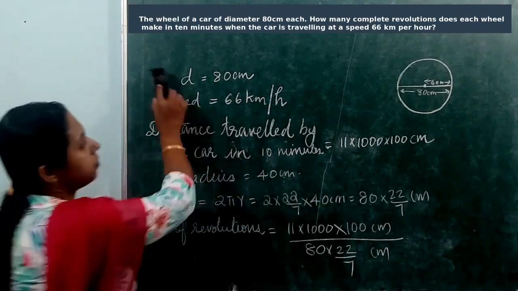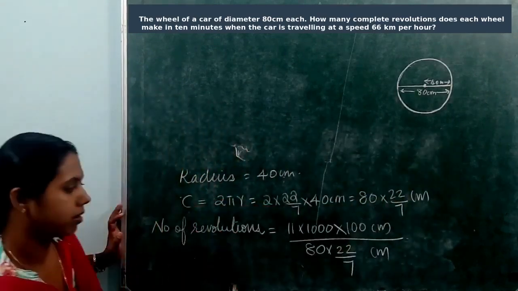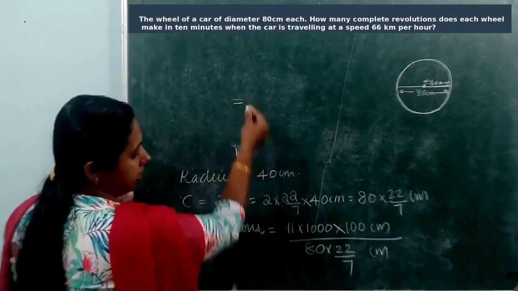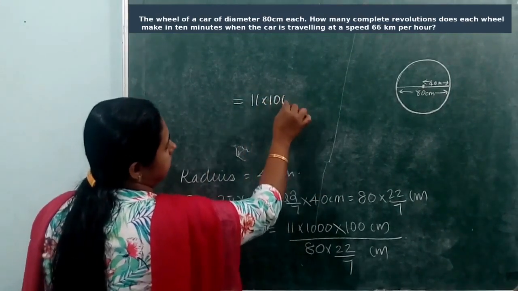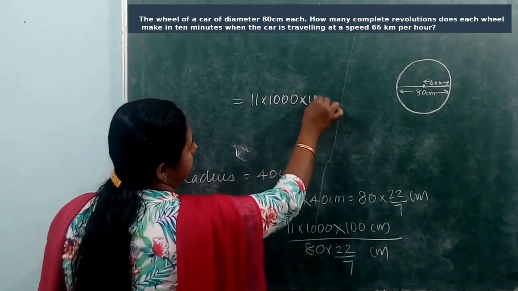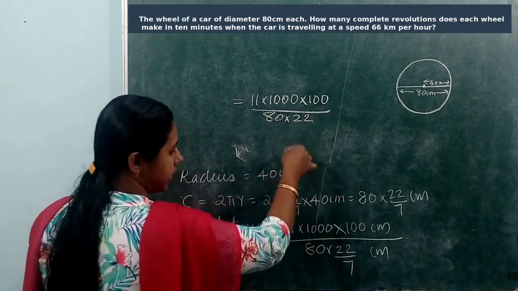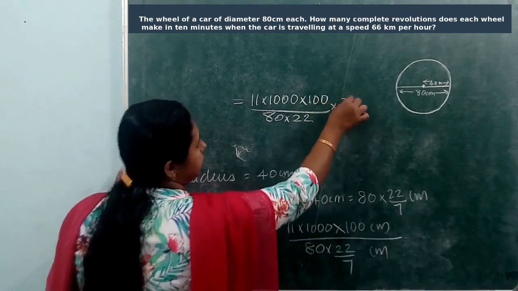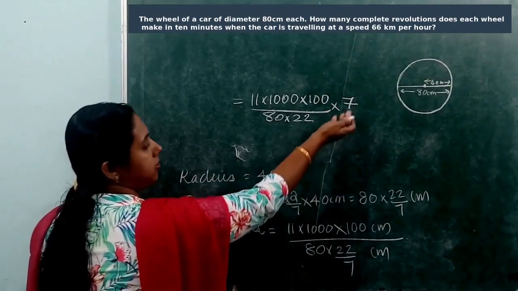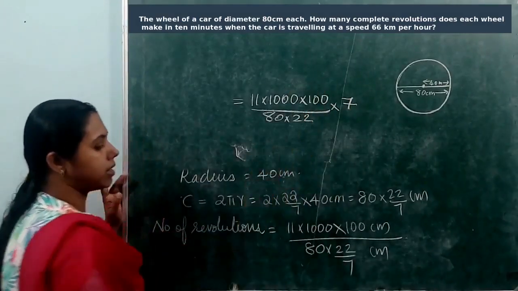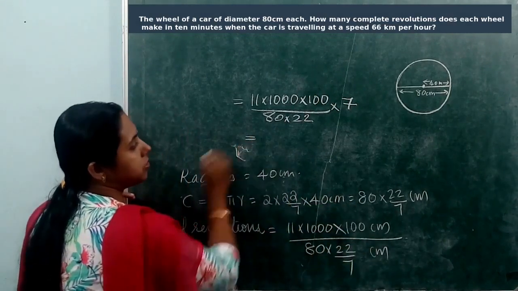That is equal to 11 into 1000 into 100 by 80 into 22 by 7. Take the whole divided by 7, the division will be changed to multiplication. Centimeter and centimeter will be cancelled.